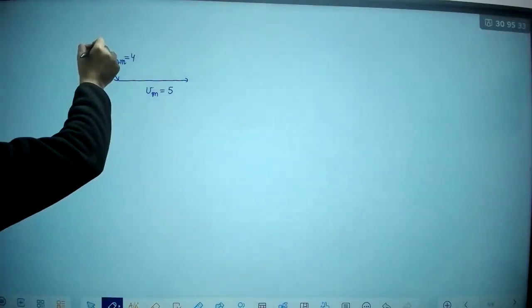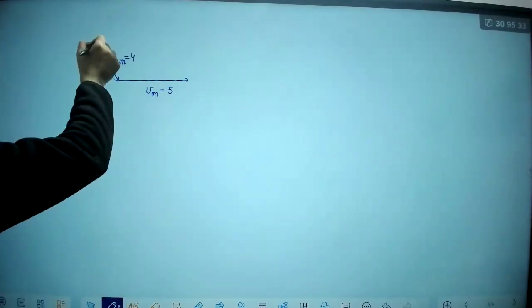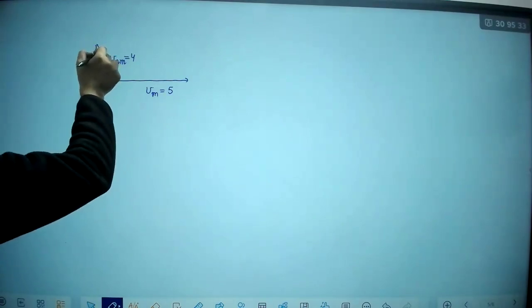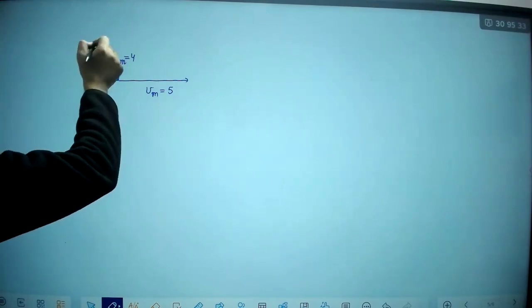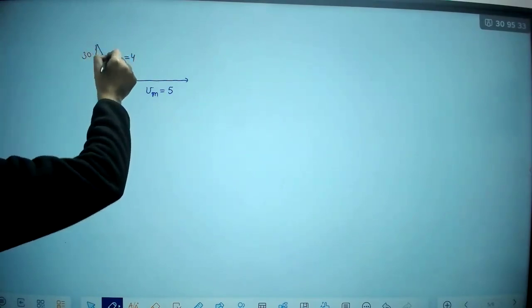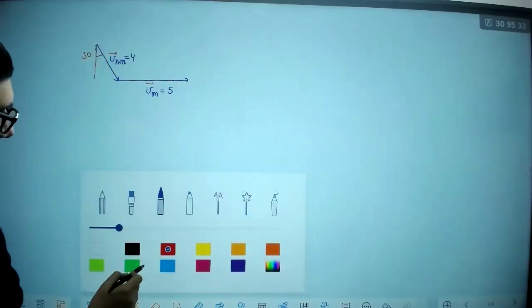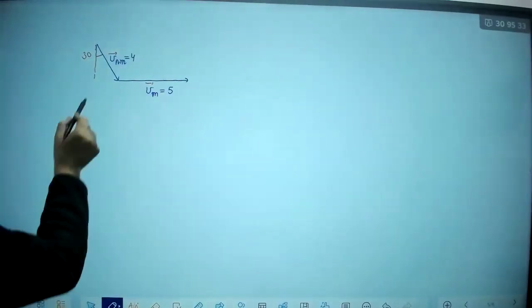So I draw a perpendicular from here and I'm saying this angle is 30 degree. This is VRM, this is VM. So what will be the direction of VR? VR will be in this direction.